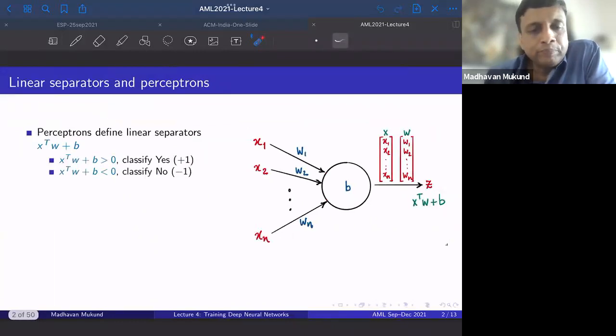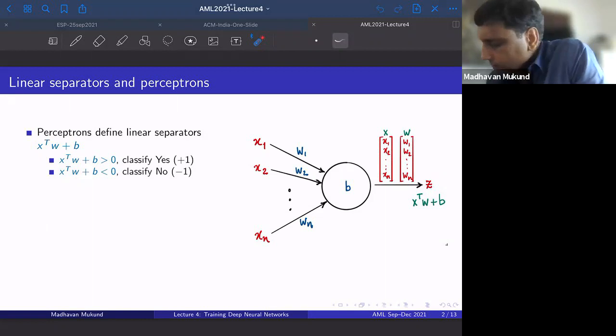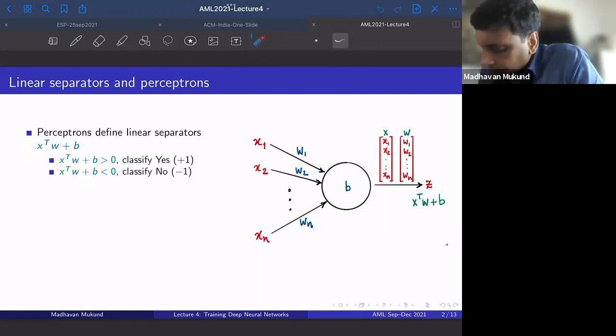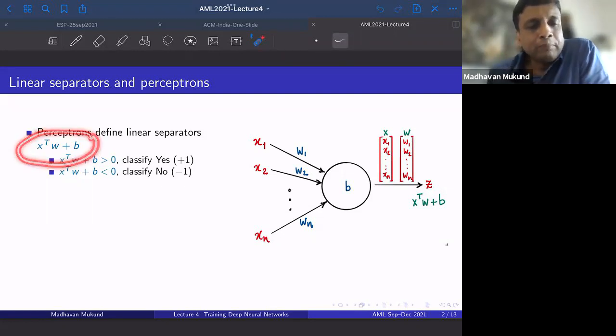Just to remind you, we start the study of neural networks with these things called perceptrons. A perceptron is essentially a linear separator. So you have this boundary which is defined by a hyperplane, right?